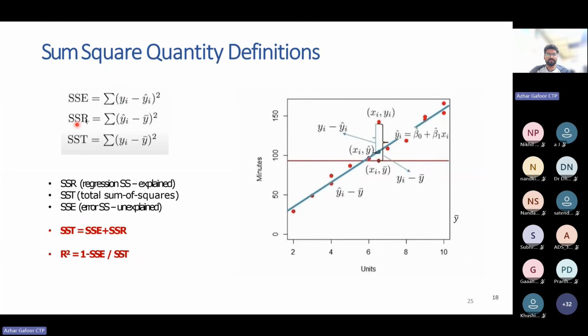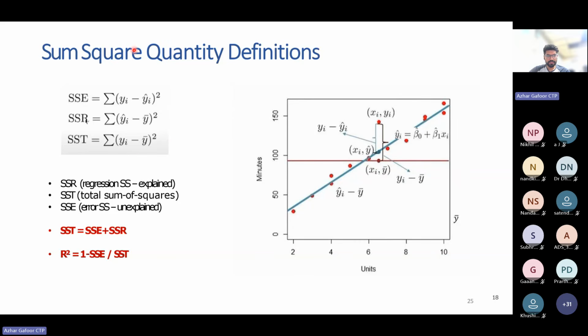Then sum of squares of residuals, that is the predicted value minus the mean of the true value whole square. Then we have total sum of squares, that is given by the actual true value minus the mean whole square.